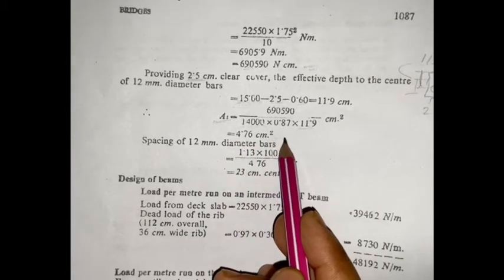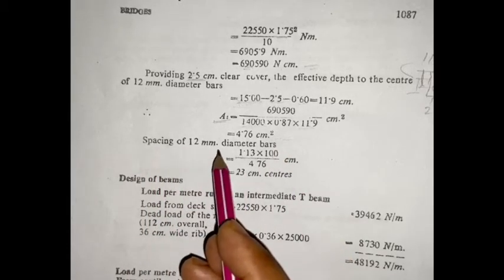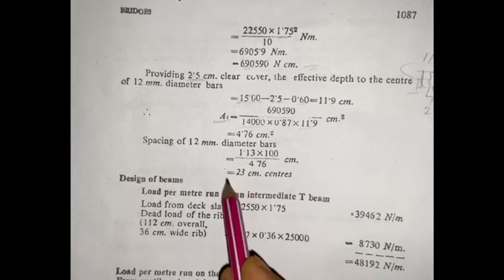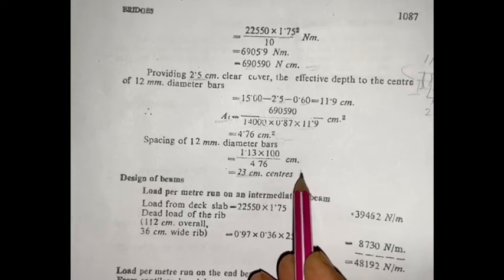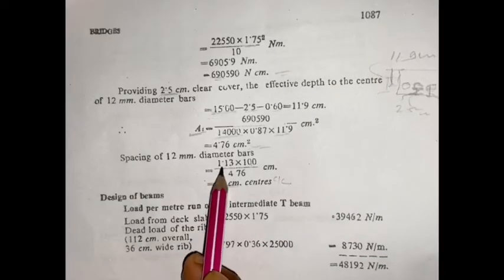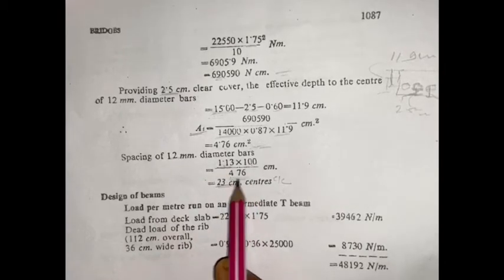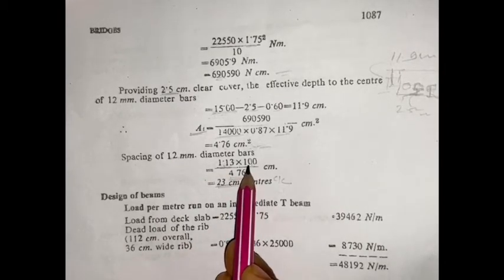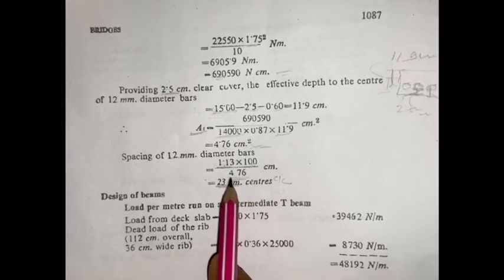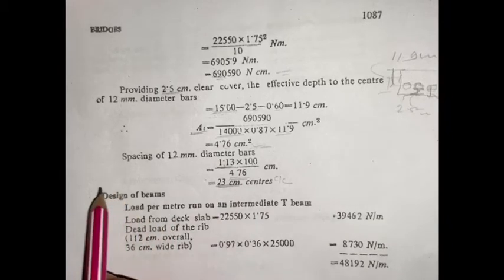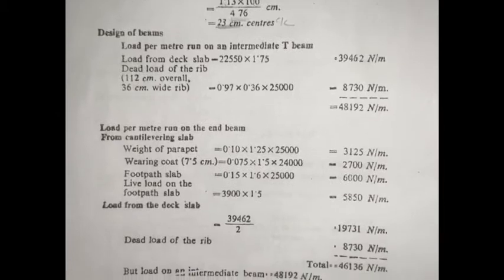This is the area of steel. We will provide 12 mm dia bar, so spacing of the 12 mm dia bar is 23 centimeter center to center distance. This is the area of one 12 mm dia bar, and this is the total area, and we have taken for 1 meter, so this is the spacing for this value. Okay, so that's it for the design of the deck slab. Now we will design the beam.